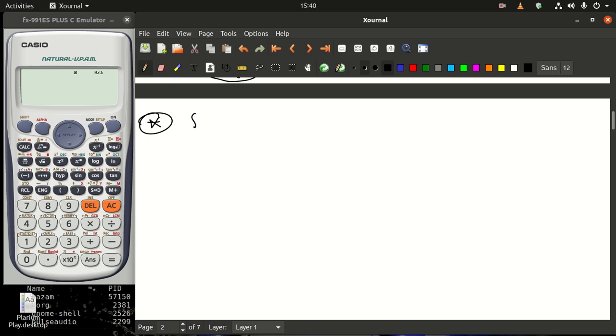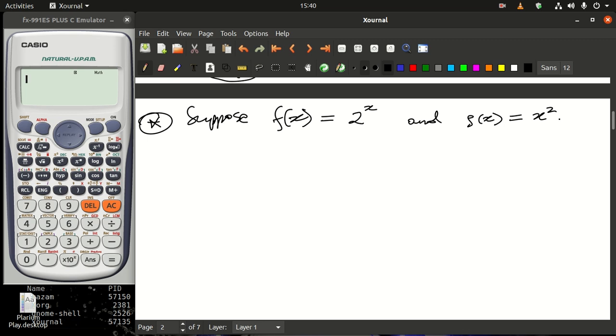Suppose I have f of x equal to 2 to the power x, and g of x equal to x squared minus 1. I want you to find the composition of f and g.